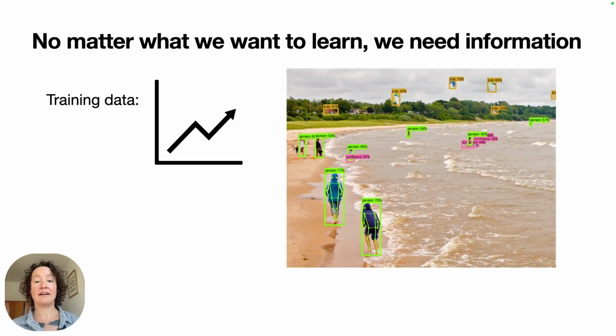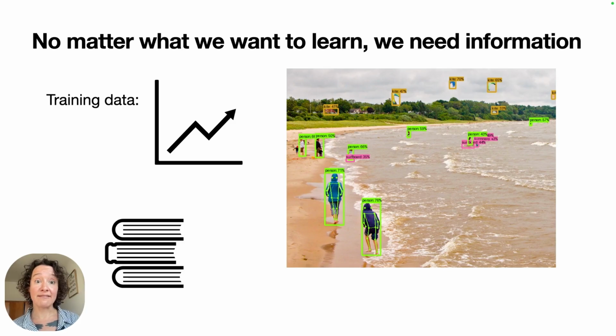If we're doing computer vision or driving or anything where we're going to use a video or image to make a decision, we're going to want this training data with the labels of all of the different things in the images that we have, and maybe even extra information like how far do we think they are. And then for something like storing the information of the world, we might want to have a bunch of books.